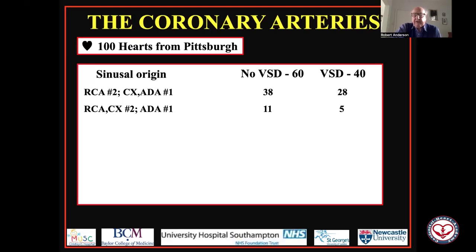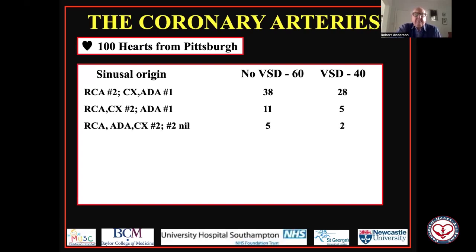And you see that in those hearts, if you add the numbers together, 66 of those hearts, 2/3, had that regular pattern. And then another 16%, 1/6 of them, had the second pattern that Diane showed you, in which the circumflex artery arising from the left-handed sinus took a retropulmonary course.